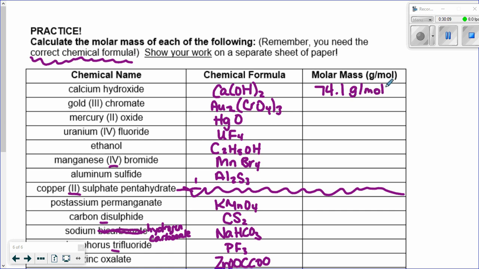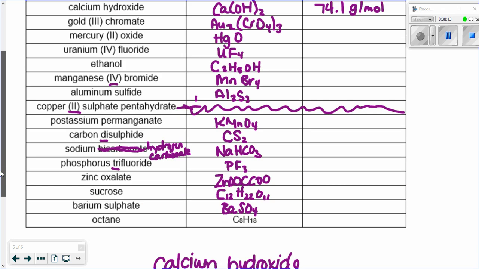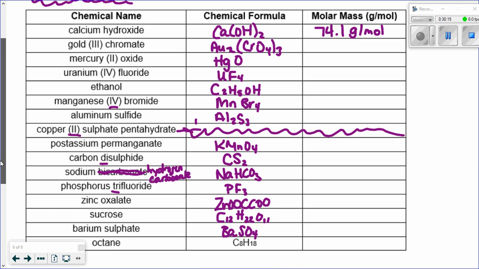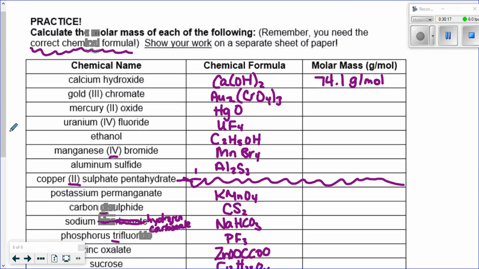So I want you to pause the video now and calculate out the molar mass of all of those guys. So it'll take you a little bit of time and probably a sheet of paper, but pause it, do those, and then look over with my key. So I'm not going to do absolutely every one of these.